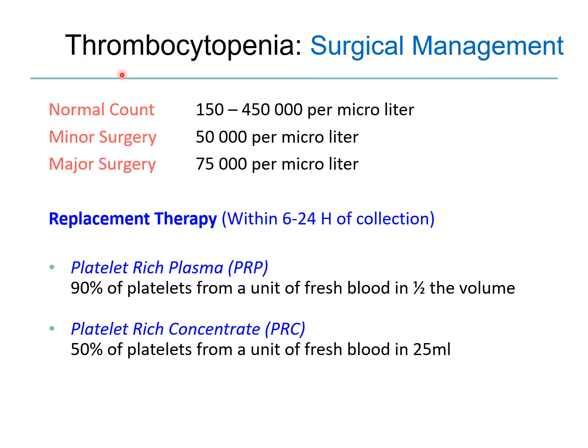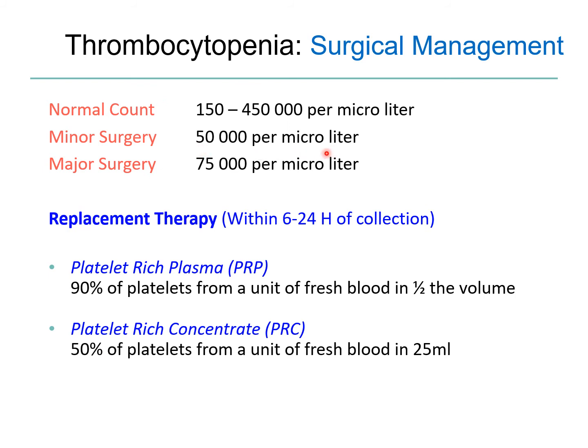In regards to dental and surgical management of patients with thrombocytopenia, just remember that the normal platelet count ranges between 150 to 450,000 per microliter, and for dental and minor oral surgical procedures such as tooth extractions, periodontal treatments, a minimal platelet count of 50,000 per microliter is required.